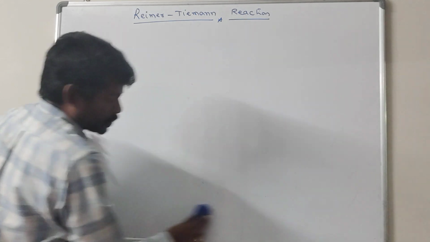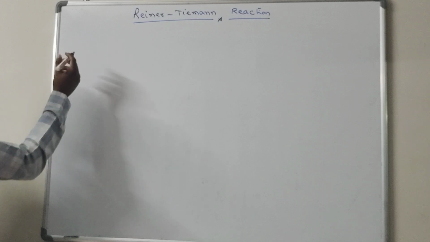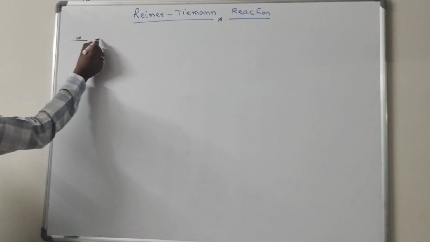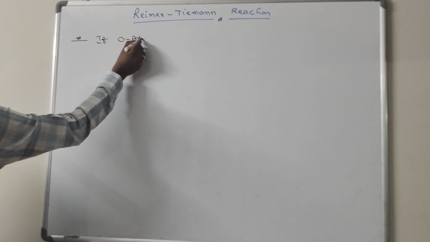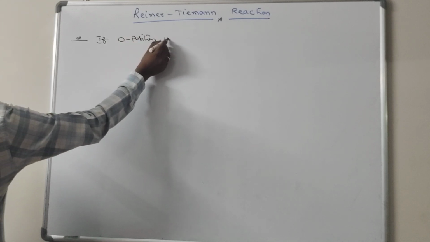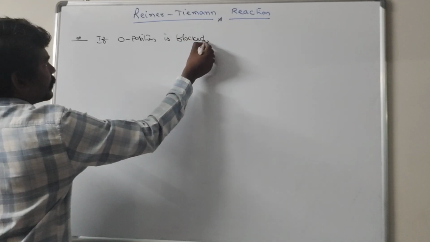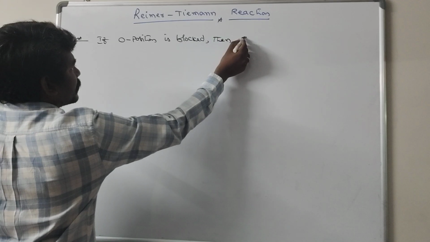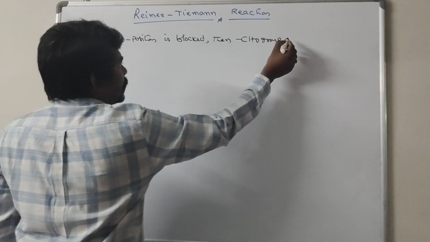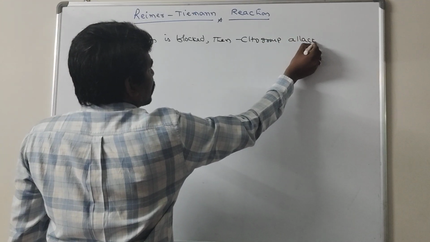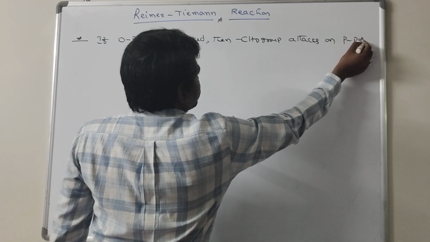If the ortho position is blocked, then the CHO group attacks on the para position.